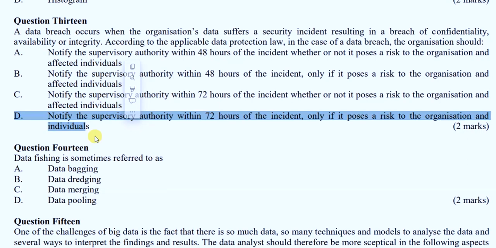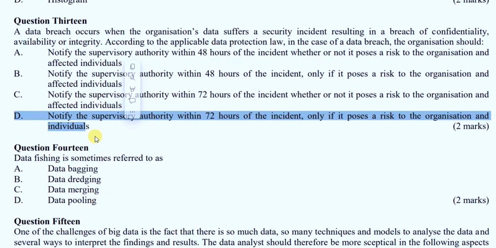Because the GDPR reads that in the case of a personal data breach, the controller shall, without undue delay and where feasible, not later than 72 hours after having become aware of it, notify the personal data breach to the supervisory authority competent in accordance with the law, unless the personal data breach is unlikely to result in a risk to the rights and freedoms of natural persons.